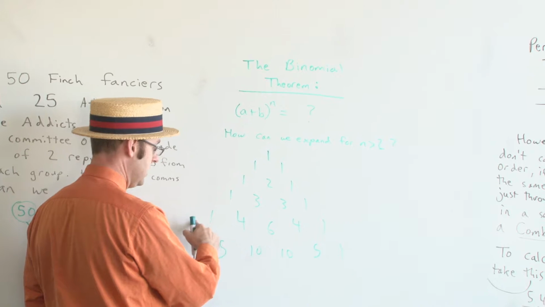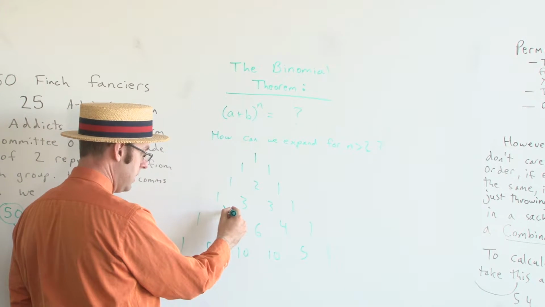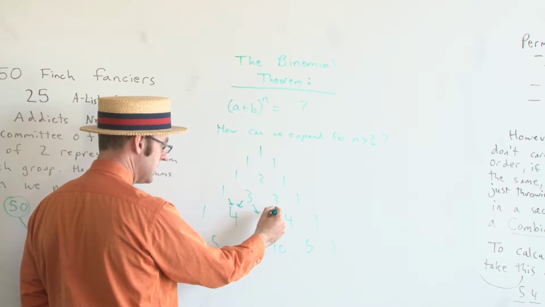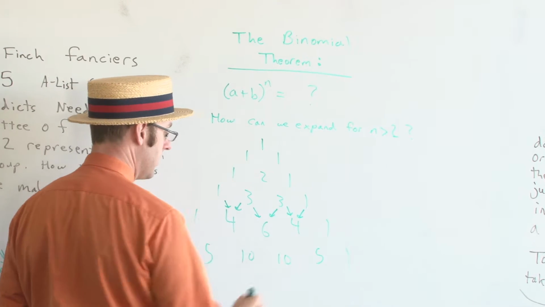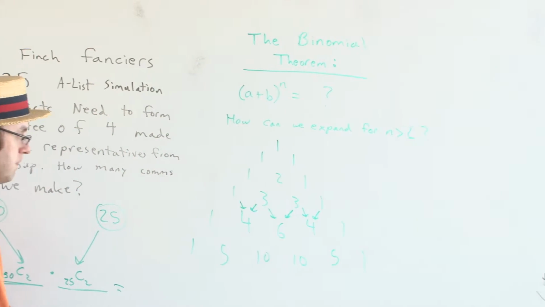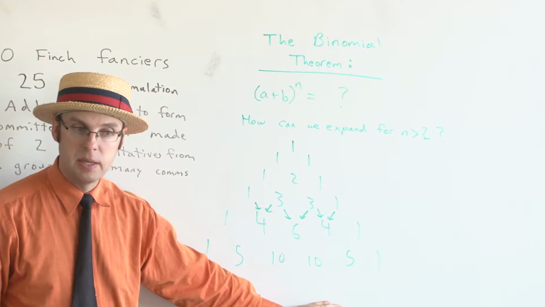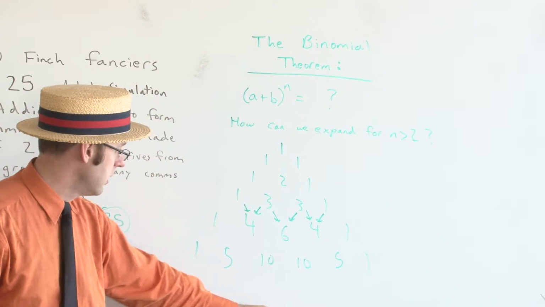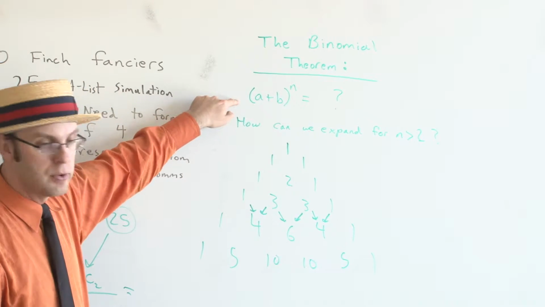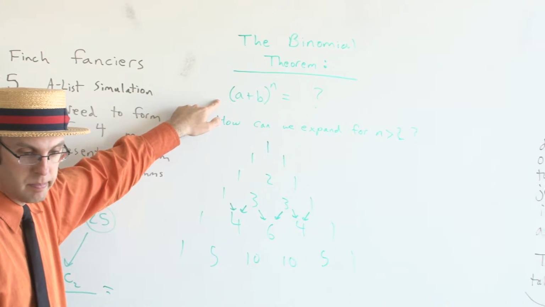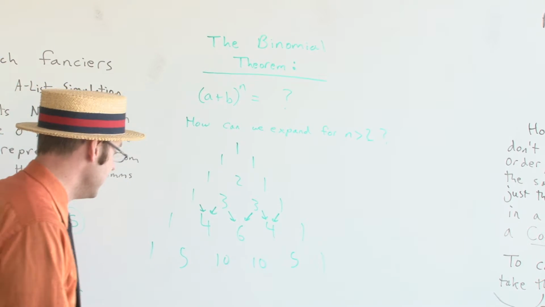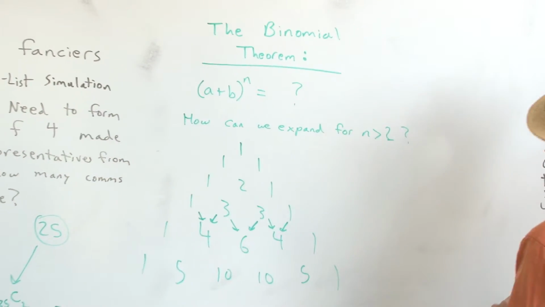So I always have a 1, and then this guy is going to be 1 plus 3, and 3 plus 3, and 3 plus 1, and then another 1. Just like that. So Pascal's triangle provides me with the coefficients for this expansion, which is pretty cool.